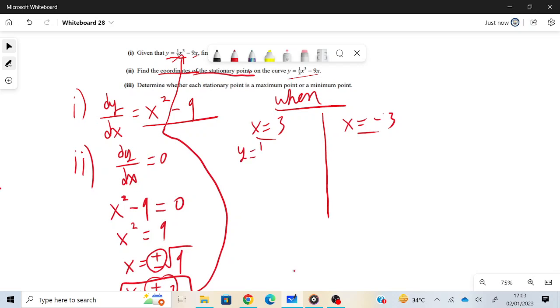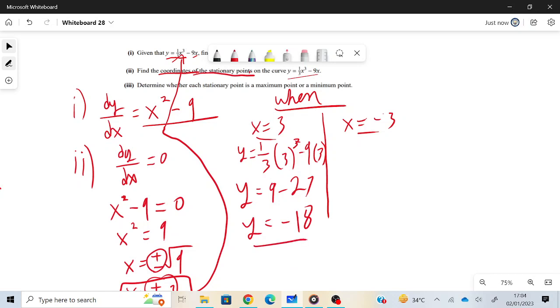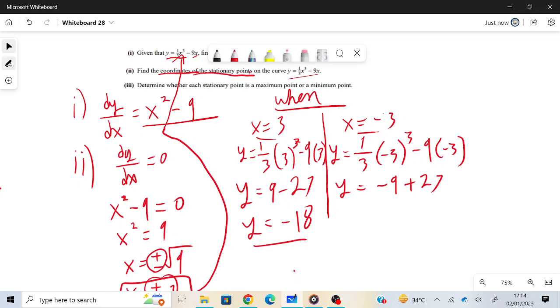So when x is equal to 3, y is equal to 1 over 3 into 3 cubed minus 9 into 3. This cancels out, okay, 9 minus 27. And that is y equals minus 18 when x is 3. When x is minus 3, it will be y equals 1 over 3 into minus 3 cubed minus 9 into minus 3. y equals minus 9 plus 27, because the minus and the minus come together and make it a plus.